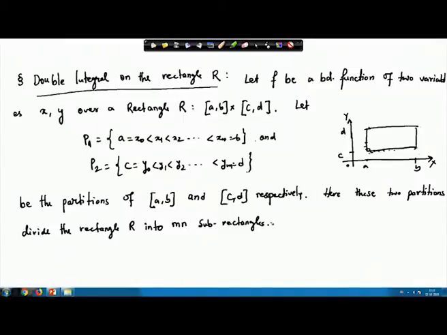rectangle, let us say that is our sub rectangle. Let us write it as delta R i comma j.